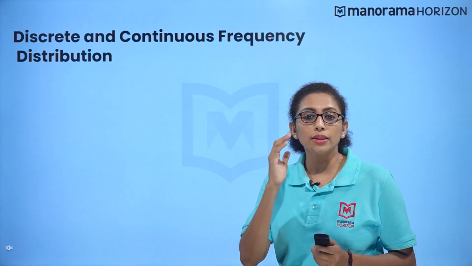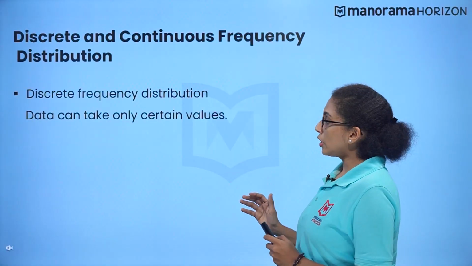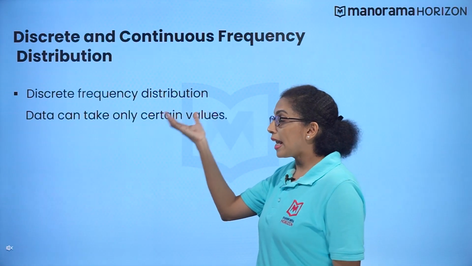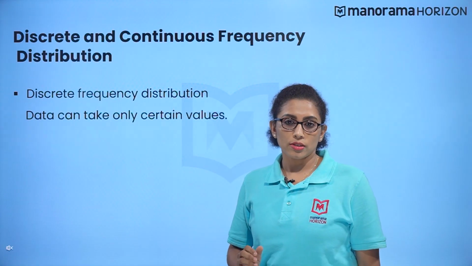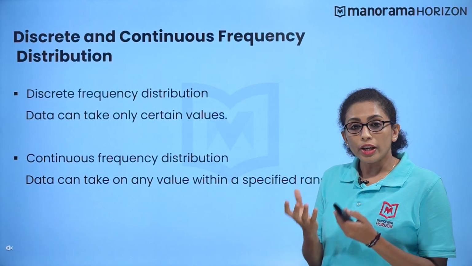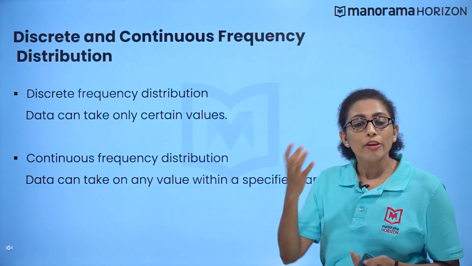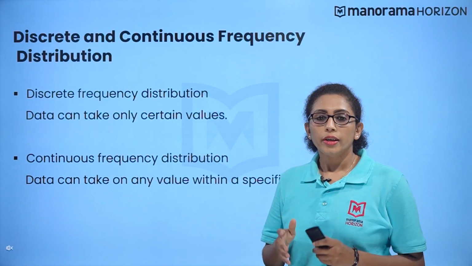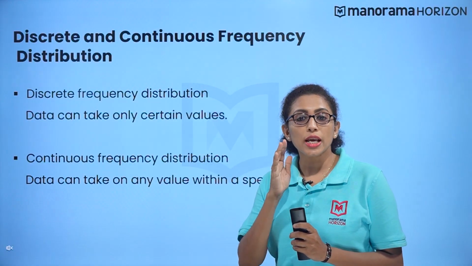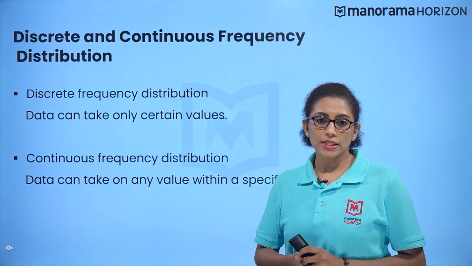How can we identify them from the given data? A discrete frequency distribution is one in which the data can take only certain values, while in a continuous frequency distribution, the data can take any value within the specified range. Here the data is classified into different class intervals without gaps along with their respective frequencies.